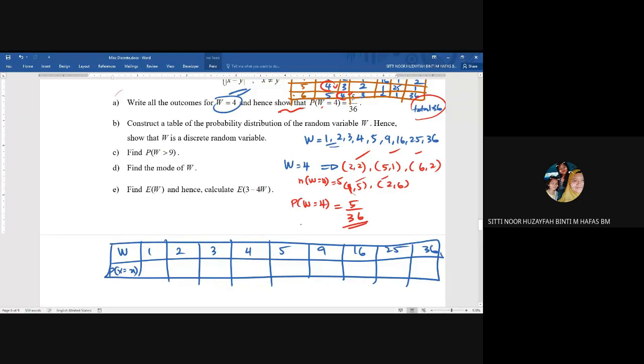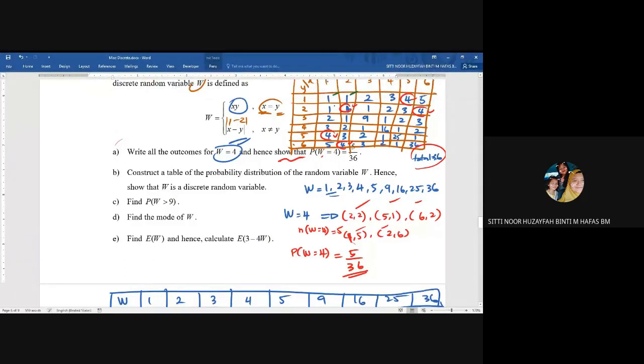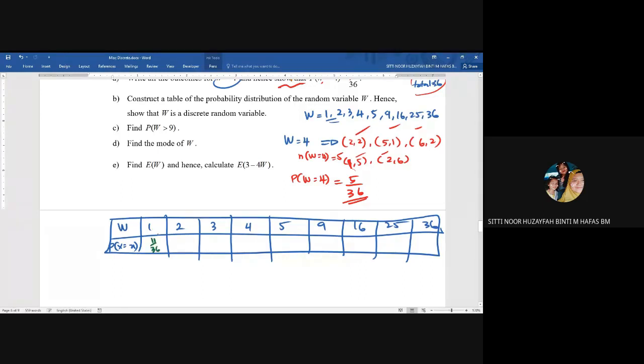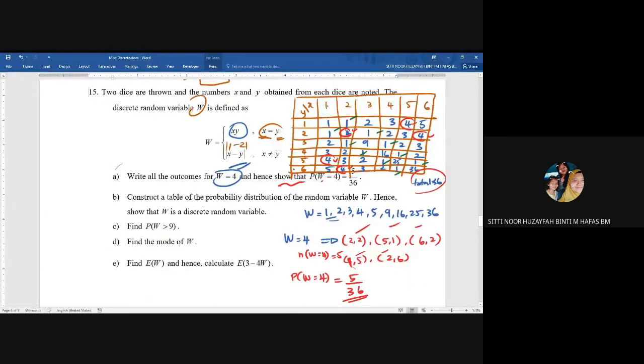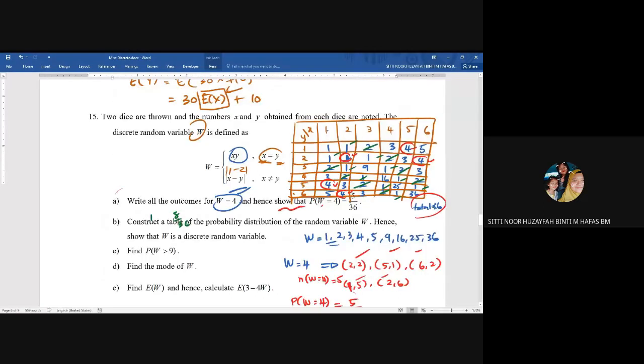So for 1, how many 1s? We have 1, 2, 3, 4, 5, 6, 7, 8, 9, 10, 11. So it will be 11 over 36. For 2, how many 2s? 1, 2, 3, 4, 5, 6, 7, 8. So we have 8 over 36. How about 3? 1, 2, 3, 4, 5, 6.